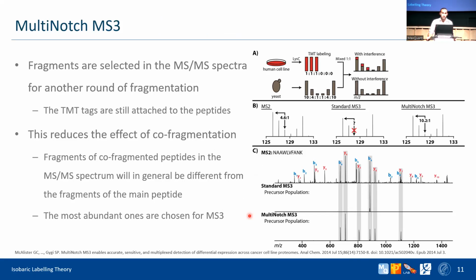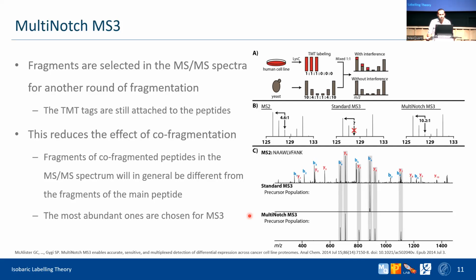And what you have to consider here is that in the first round of fragmentation, you don't want to get rid of your tags, because if you do get rid of them, you can't use them for quantification. So the tags stay there, and we usually select the most abundant ones, and then the other contaminating ions would not be there. And we do this in the MS3.